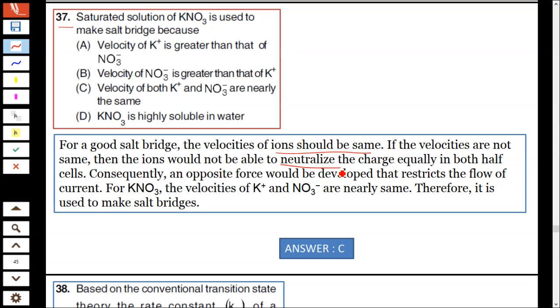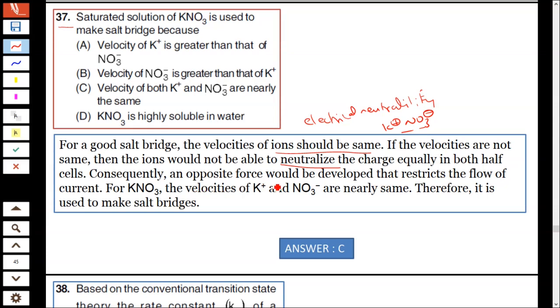Here you have to maintain electrical neutrality. For this, the charge movement of K plus and NO3 minus should be more or less nearly the same.